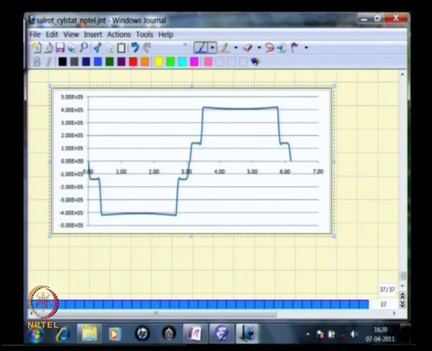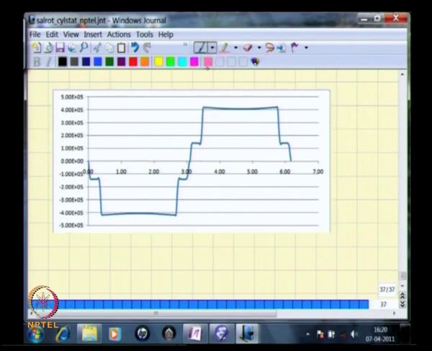So here is the H field variation. The x axis is plotted in terms of angle, that is, it goes from 0 to an angle of 2 pi.